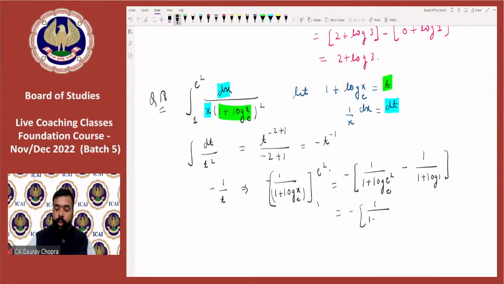So 1 upon 1 plus 2, and log e base e is always equal to 1. So we are getting 1 by 3 minus 1. Final result is 2 upon 3.